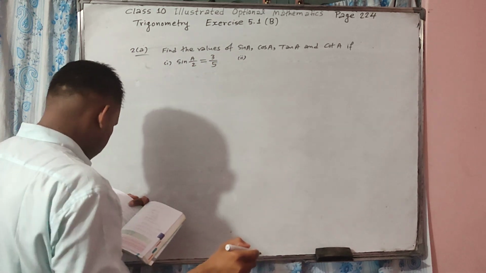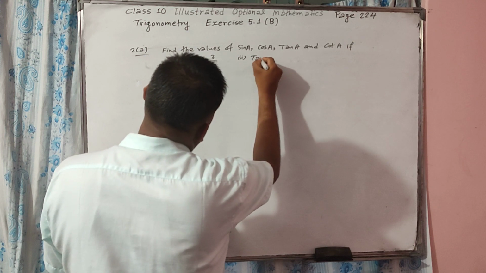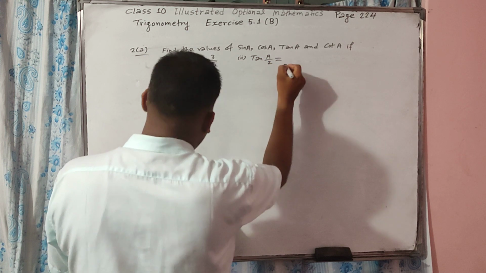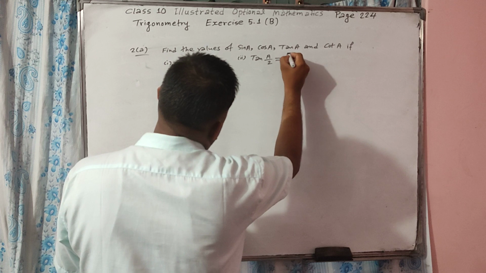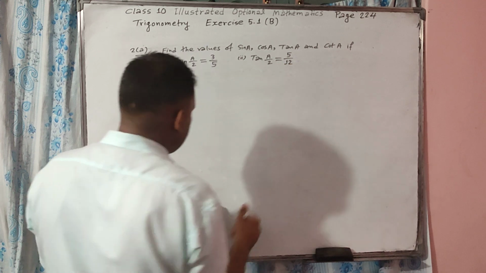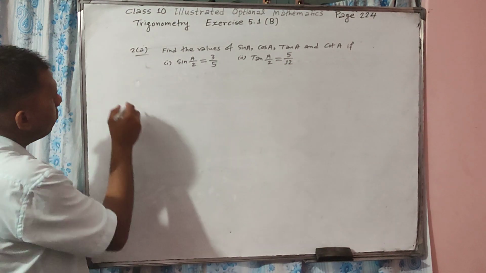Number 2, tan A by 2 equals 5 by 12. Now its solution.